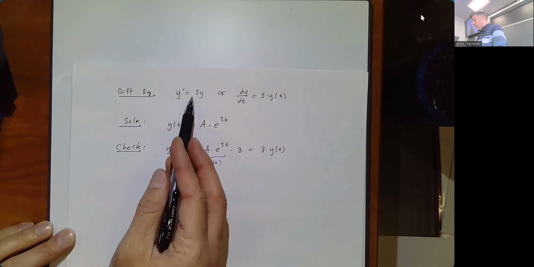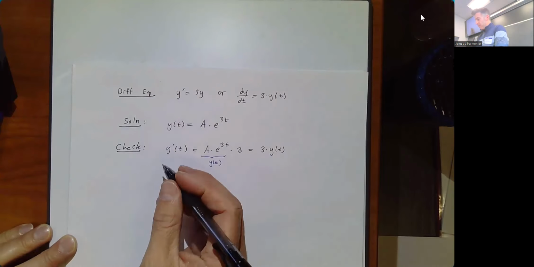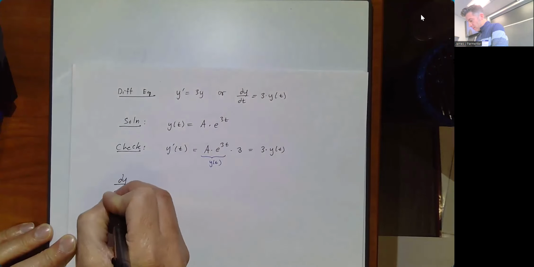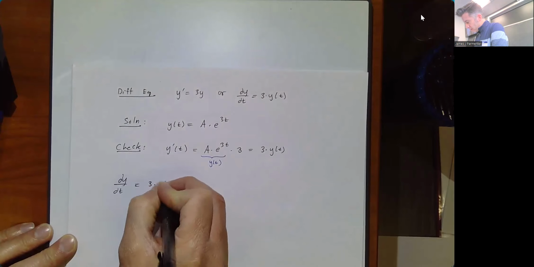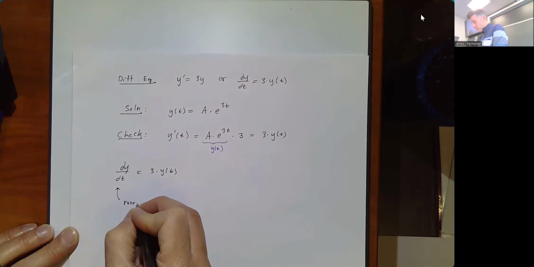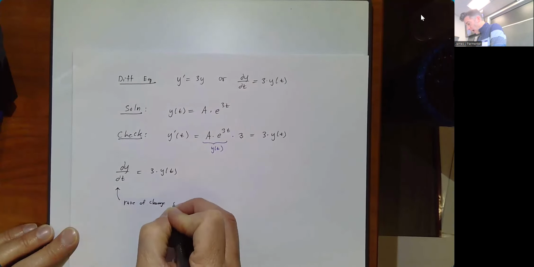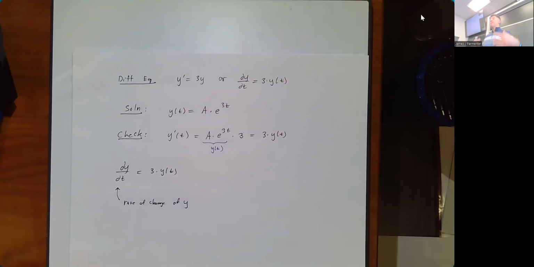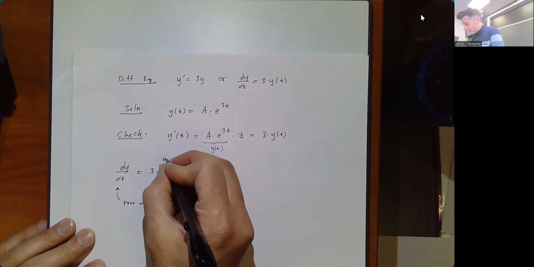So when you say that y prime is equal to 3 times y, what you're really saying is that dy/dt, the rate of change of y, where we usually think of y as the population of some cells or some people or some deer or whatever biological thing, is 3 times, or in general proportional to, the population size.